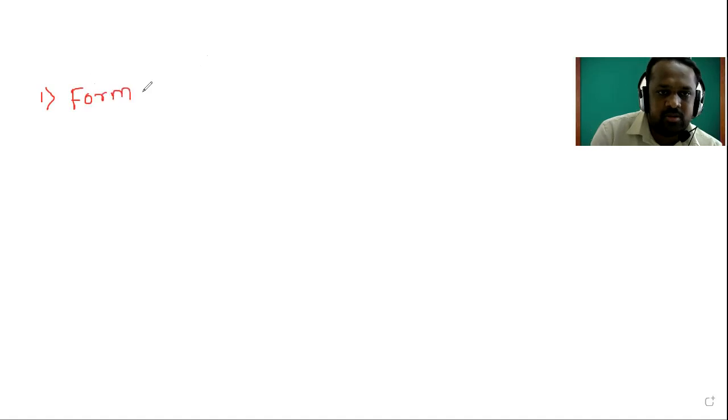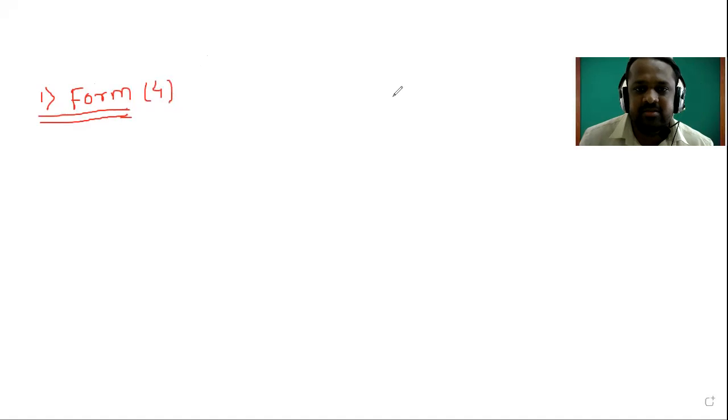Inside that form, how many characteristics are there? 4. What are those 4 characteristics? I will write them down one by one.